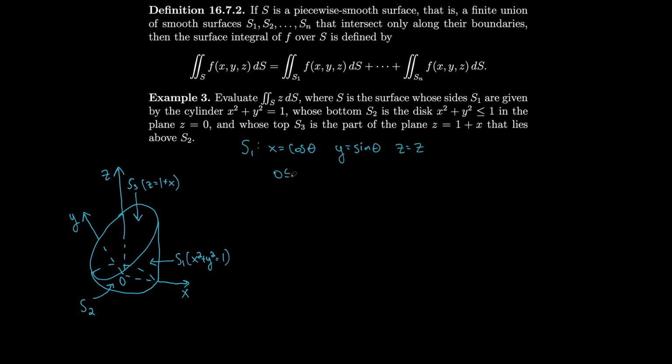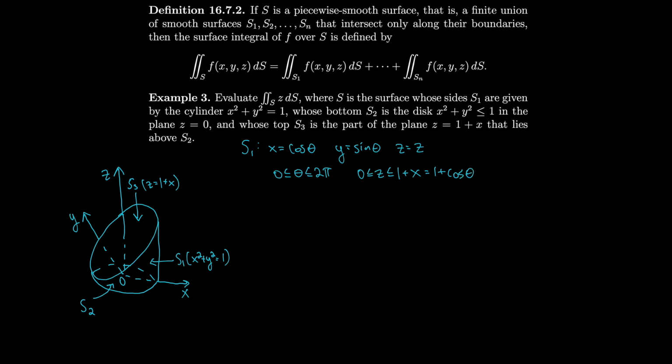So we said theta can go from 0 to 2 pi, and z goes from 0 to 1, or in this case 0 to 1 plus x. So that's what z ends up going to over here in this case. So that's just going to be 1 plus cosine theta, because we said x is cosine theta.